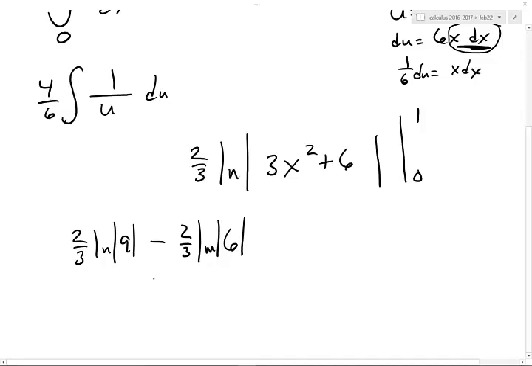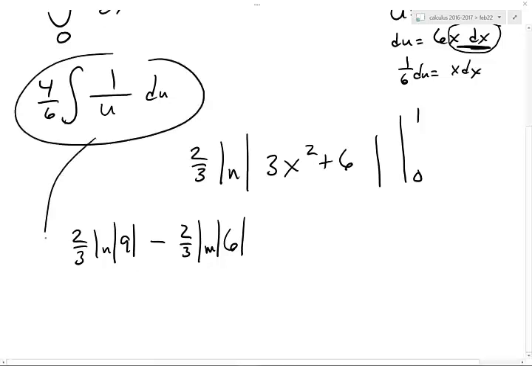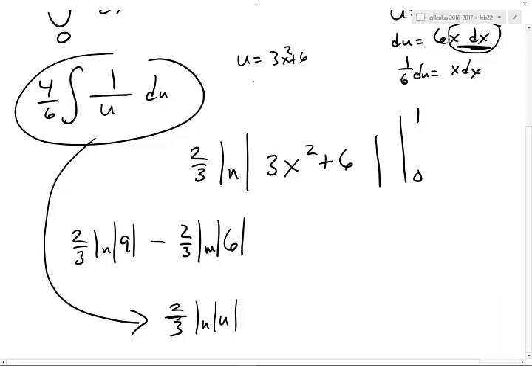Again, Mr. McAtee would have come down here. He would have just said that's 2/3 ln of the absolute value of u. And then he would have said u is equal to 3x squared plus 6, so u of 1 is 9 and u of 0 is 6.